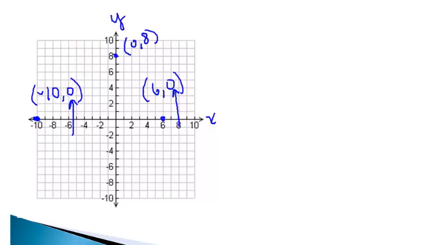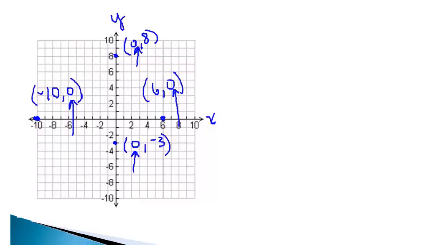Let's grab another. Let's put a point down here at -3. As an ordered pair, that would represent the point 0, -3. So if we notice, any point along the y-axis will have 0 as its value for x.